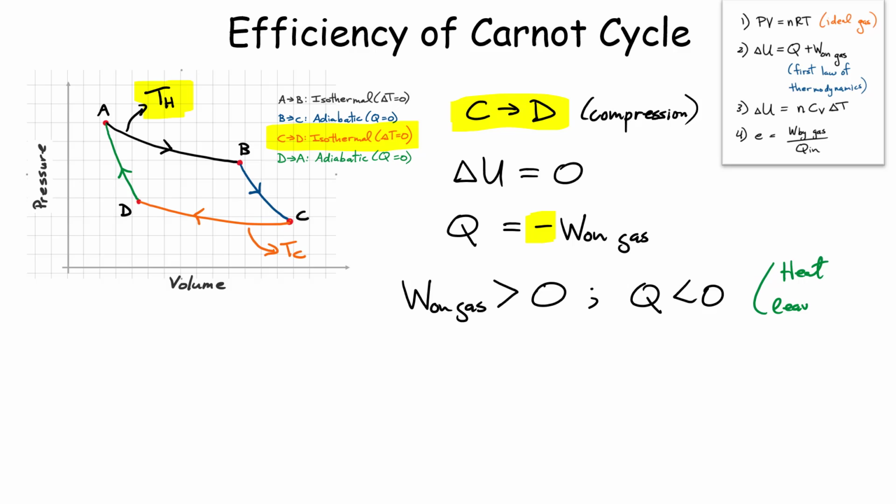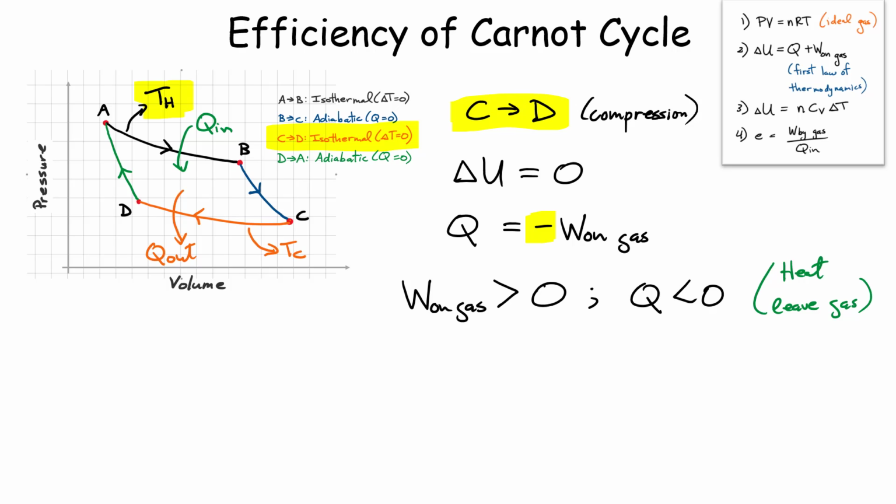The way we represent that, it means there is heat that leaves the system. Heat leaves the gas. The way you typically represent that is through another arrow. So we have energy going out, right? We had energy going in for the top isothermal process. Now we have energy going out. Now how do we calculate Q and the work done on the gas?